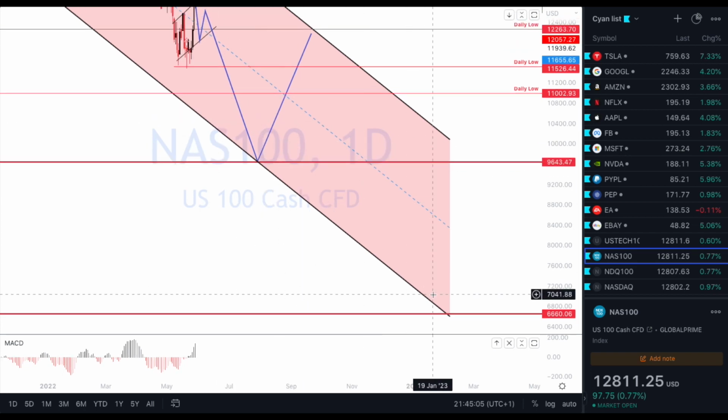Ultimately, I believe, in my opinion, it's going to be heading down to the zone at 6660.06. That's where I think ultimately the NAS is going to end up before it does anything to say it's going to push to the upside.